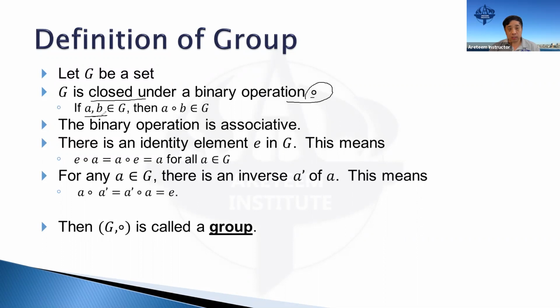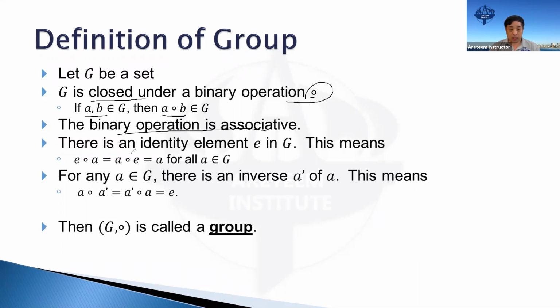So if two elements are in that set, the result should be in that set as well. That requirement is very important. Okay, so it has to be closed, and then it has to be associative. Notice that we don't require commutative, right? We don't require that AB equals BA. We require that it be associative.